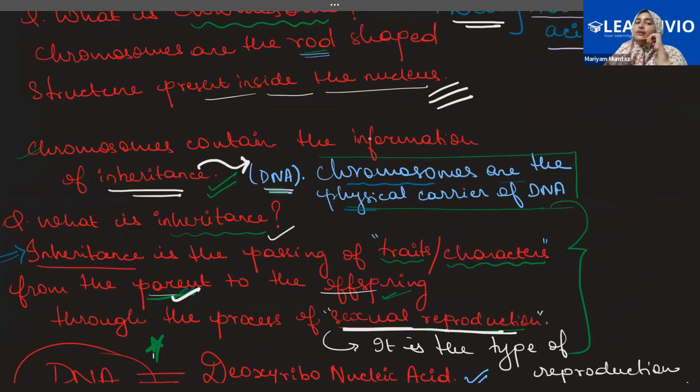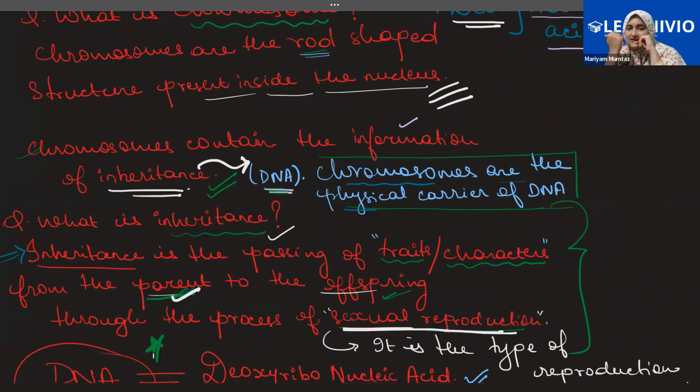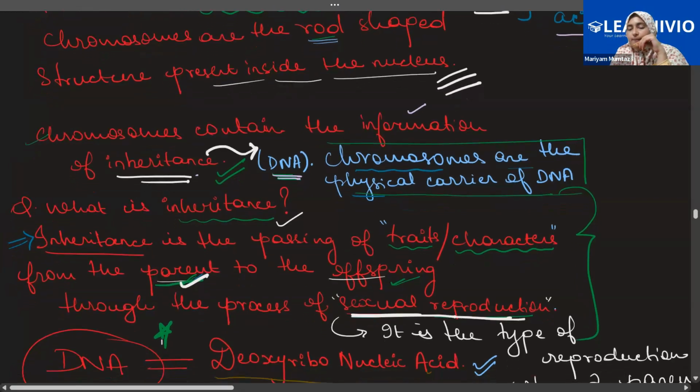Now, I told you that they contain the information for inheritance. So a question would naturally come, what is inheritance? Isn't it? So inheritance is the whole entire process wherein the characters, the uniqueness or the traits, something which comes from the parents to the children, meaning to the offspring, through the process of sexual reproduction.